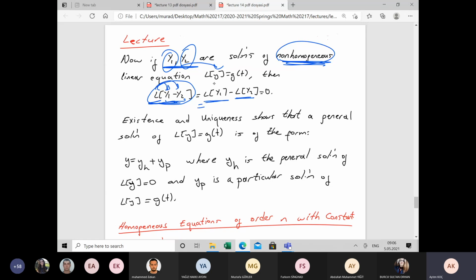We know that y sub 1 is a solution of the non-homogeneous equation, so this one is g of t, and y sub 2 is also a solution of the non-homogeneous linear equation, so this one is g of t, so we obtain 0. So L of y sub 1 minus y sub 2 is 0, which means this one is a solution of the corresponding homogeneous equation.